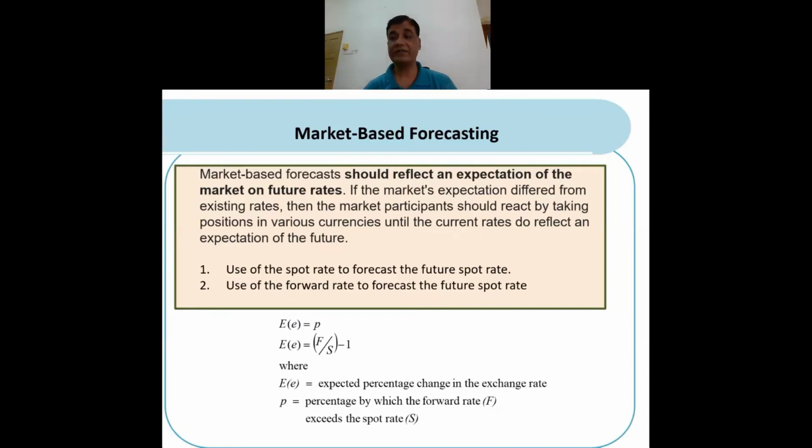So we look at the current spot rate of currencies, and based on that, we try to forecast the future rate. Or we can even use the forward rate to forecast the future spot rate.